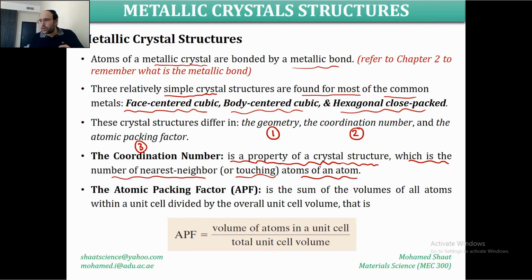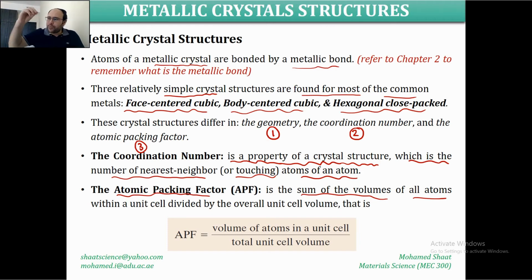Also, another factor that will be different from one crystal structure to the other is the atomic packing factor, which we're going to give the symbol APF, stands for atomic packing factor, which is the sum of the volumes of all atoms. So you're just going to count how many atoms. This count is one of the properties of this crystal structure that should be counted or calculated.